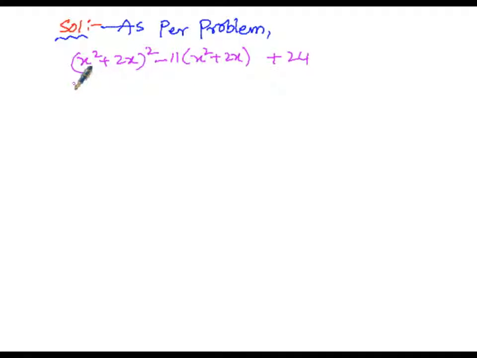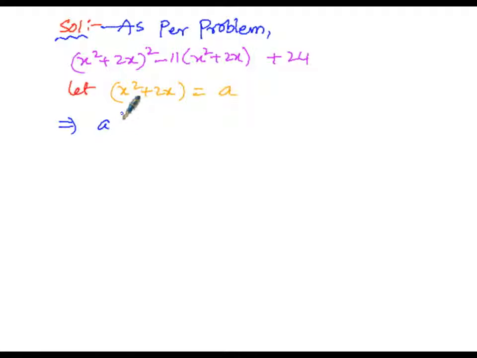So I want to assume, so here let this x square plus 2x be a. Then the further step: instead of x square plus 2x within the bracket, I am going to assume it as a.